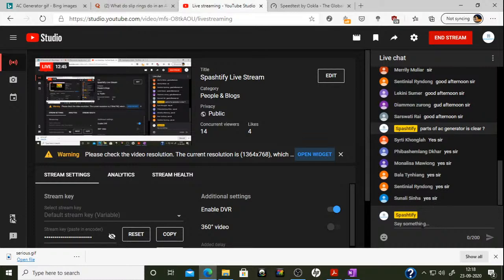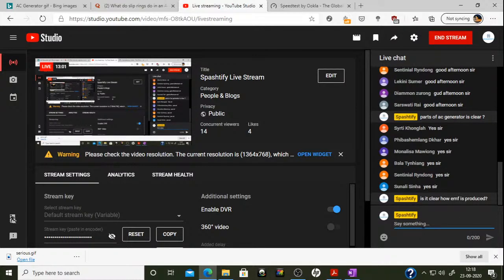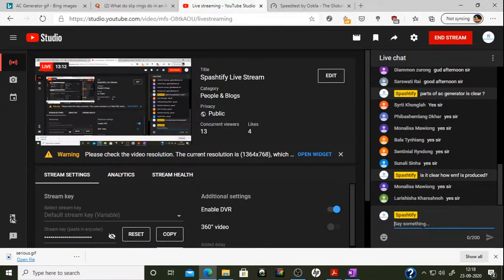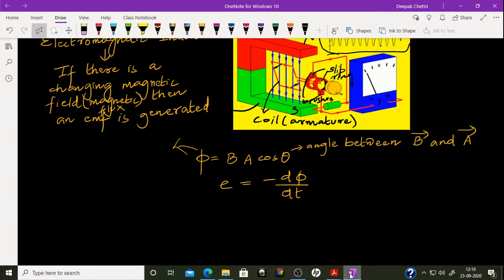Is it clear how EMF is produced? So that is how EMF is produced in an AC generator. Now I'll repeat once again: what is the meaning of EMF?